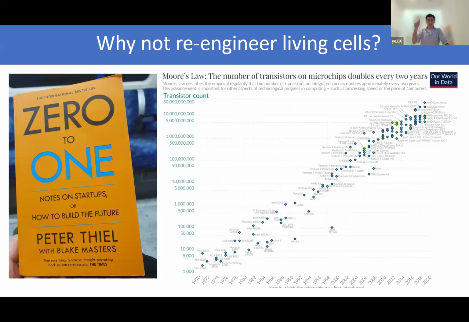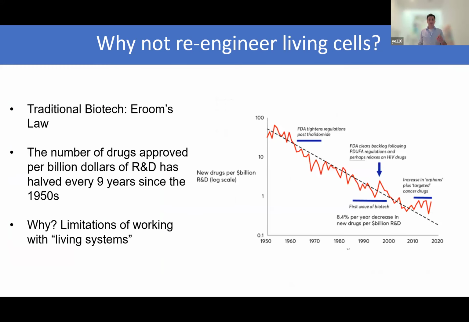But he basically says that in biotechnology, it's Moore's law read in reverse. So it's Eroom's law, basically inverted. In biotech, he gives an example: the number of drugs approved per $1 billion of R&D spend has halved every 9 years.